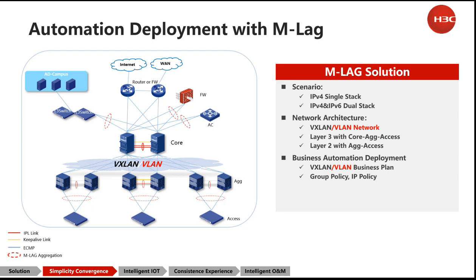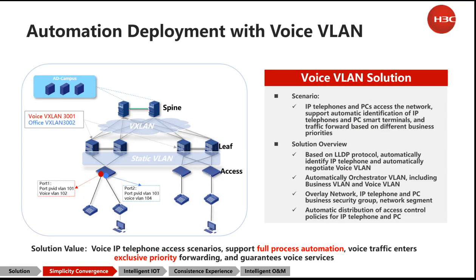And you'll also see there, which we'll talk about in a slide or two, that AD Campus also supports dual stack, both IPv4 and IPv6. And we can automate deployment with voice VLAN. So depending on what VoIP provider, what phones or handsets are going down, we can also automatically deploy the network depending on who the voice provider is.